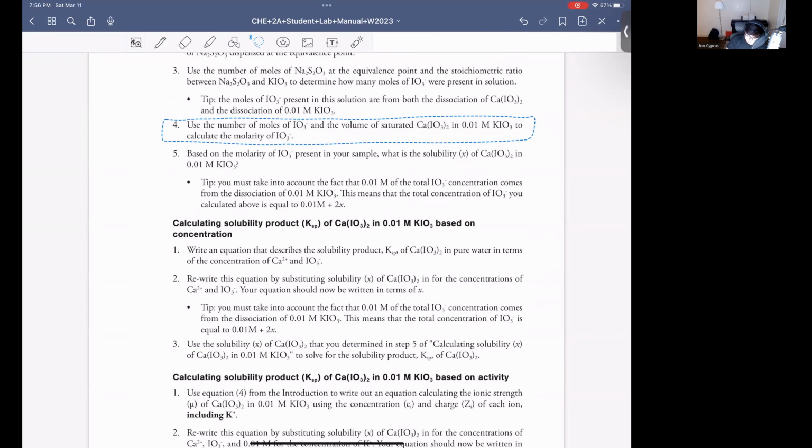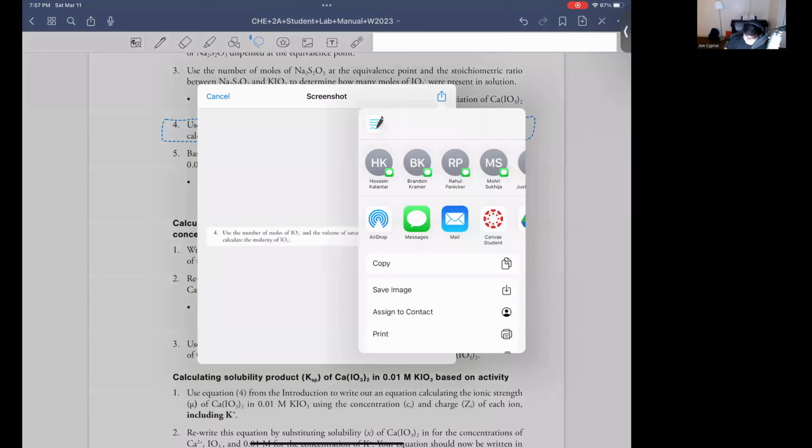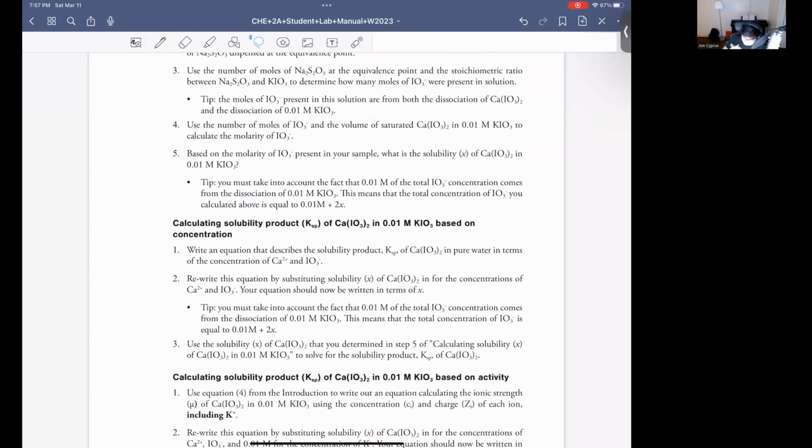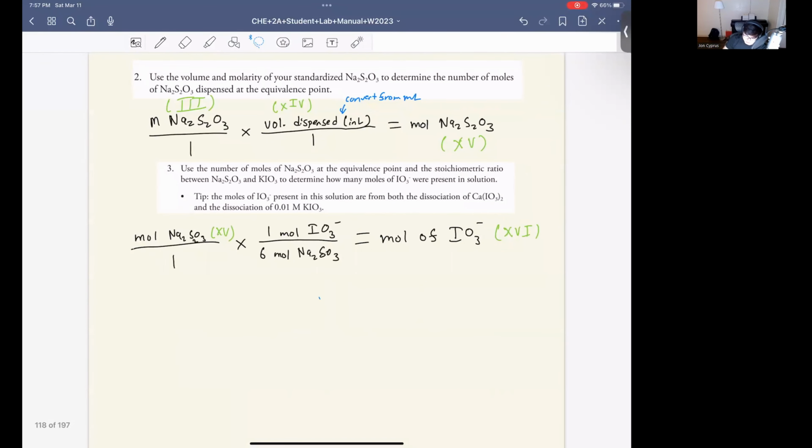So you want to calculate the molarity of iodate here. Again, this is literally the same.